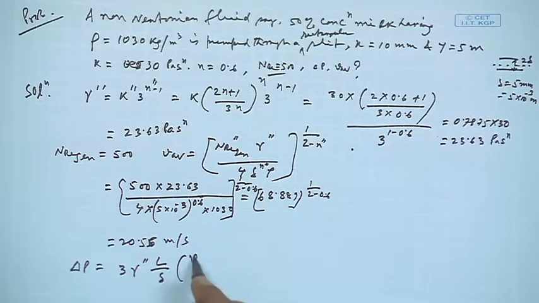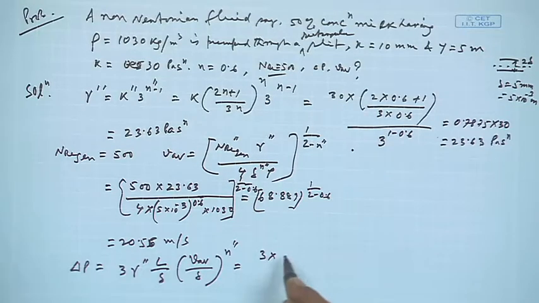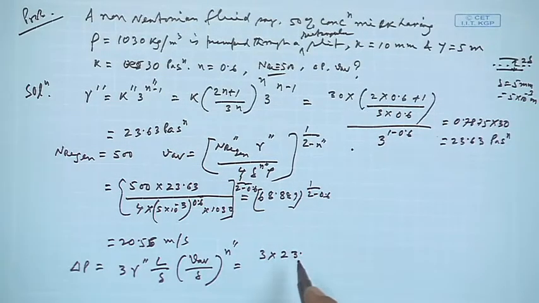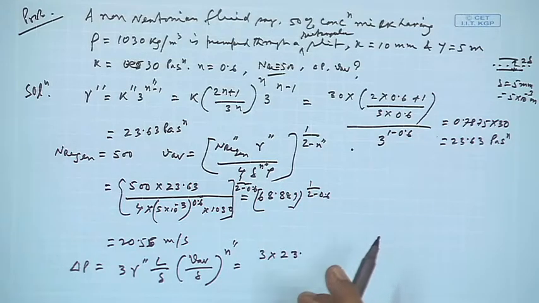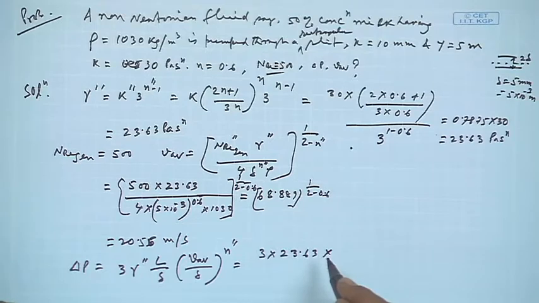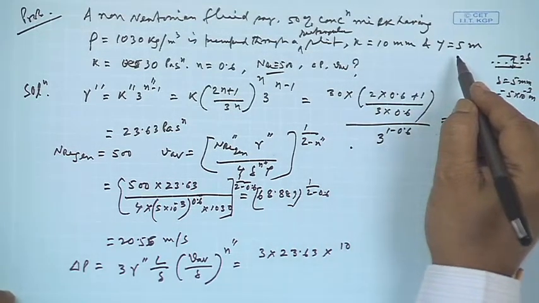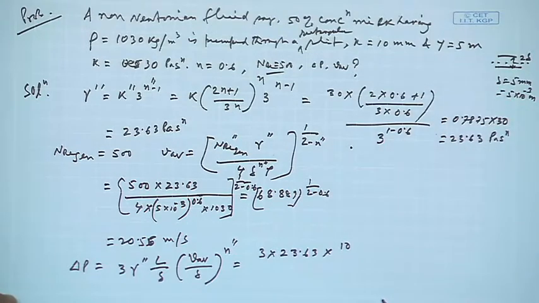Therefore, delta P can be written as 3 gamma double prime L by del, V average by del, to the power n double prime. So this is 3 into 23.63, that we found out as gamma double prime, into 10 by 0.01.